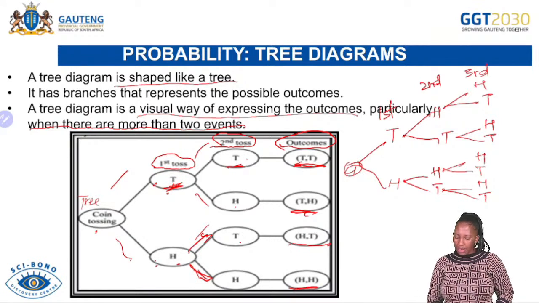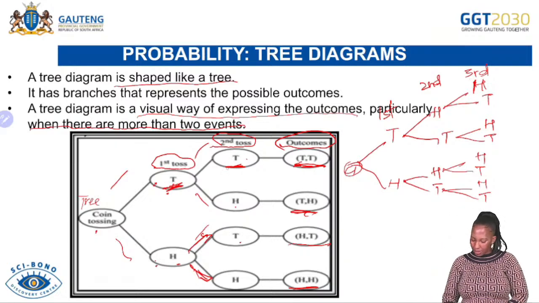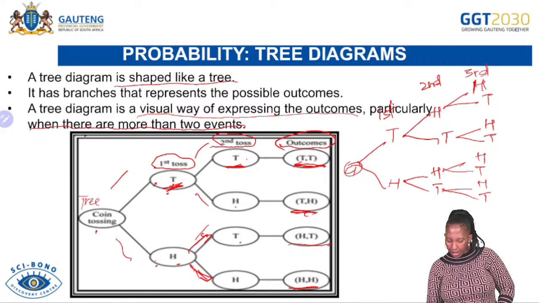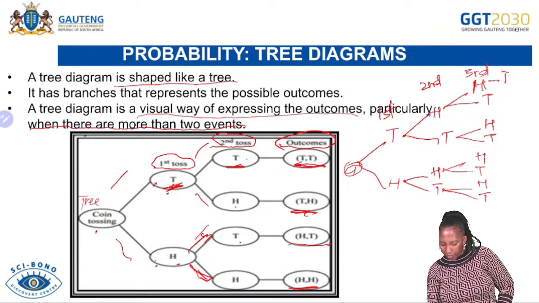Now let's have a look at this one that I have drawn on the side here. Pardon me, maybe I did not start with the tail with the same pattern. Now let's have a look. Here I will have a tail, head, head. So my outcome here will be a tail, head, head.